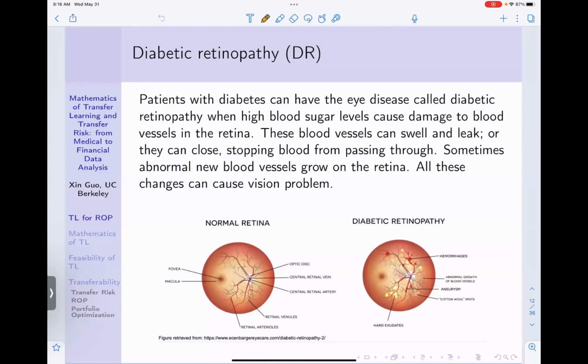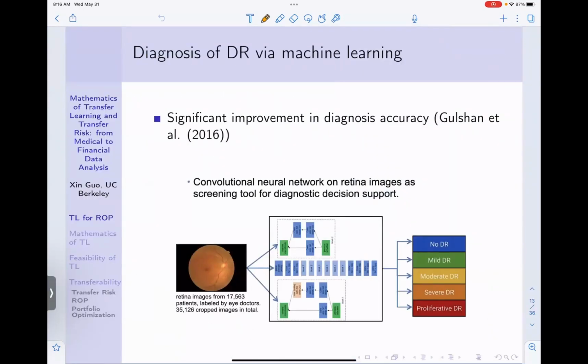There has also been significant improvement in DR diagnosis reported over the last decade, starting from 2015 and 2016, including the very well-known work in JAMA and some of our own efforts that are now used in many freely accessible tools. For example, if you take about 10,000 retina images of patients with DR, that's enough to get the desirable accuracy or sensitivity.